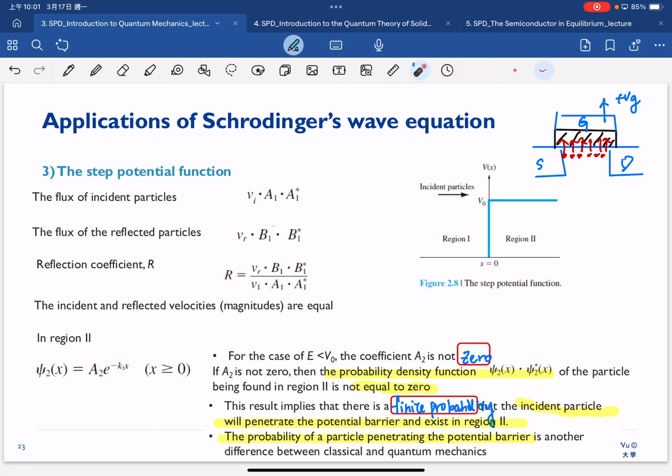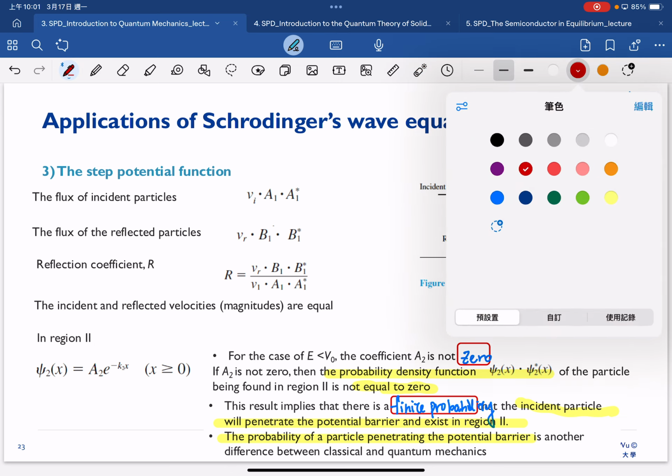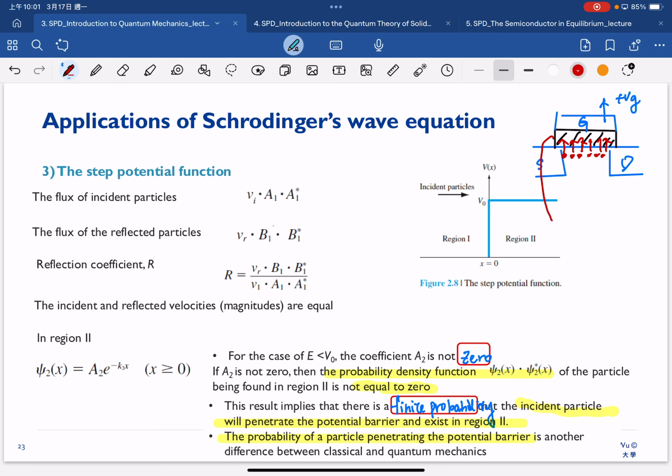Based on the wave equation and what we discussed with quantum mechanics, we can expect that although this is an insulator, the electrons can actually exist in the barrier. In this case, it's the dielectric.